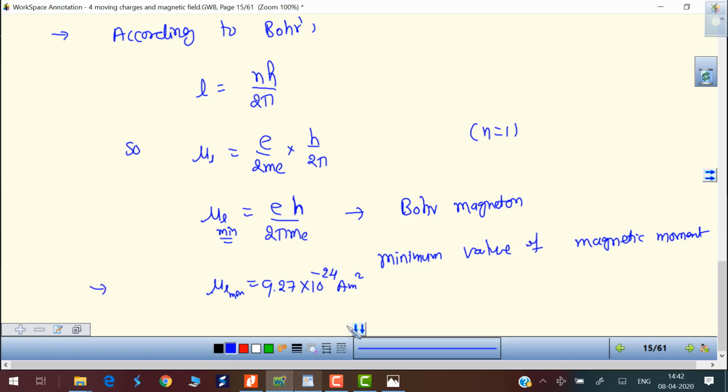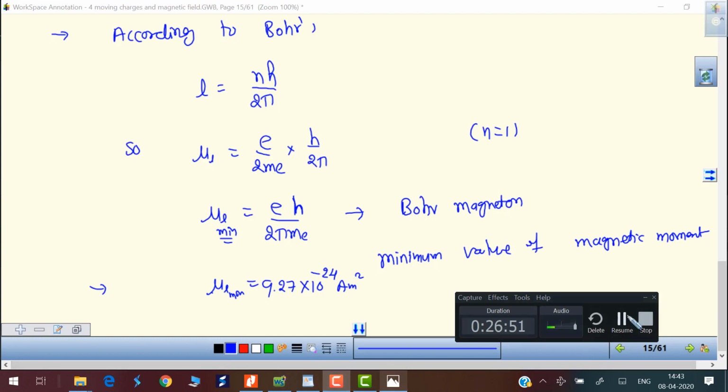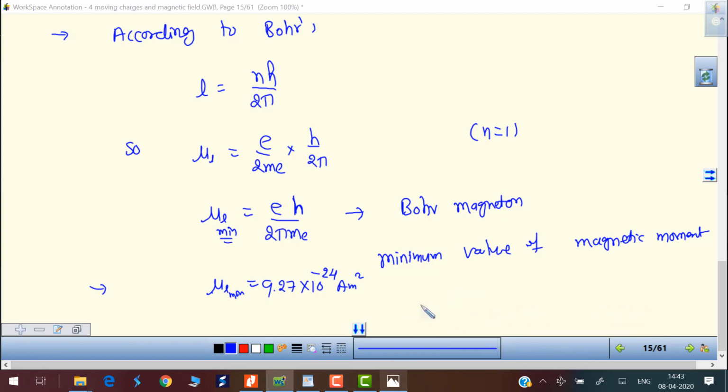Due to spin motion also the electron has magnetic moment, and if you calculate it, it is a very similar value, even though the electron is an elementary particle and doesn't have its own axis like a top or like the earth.